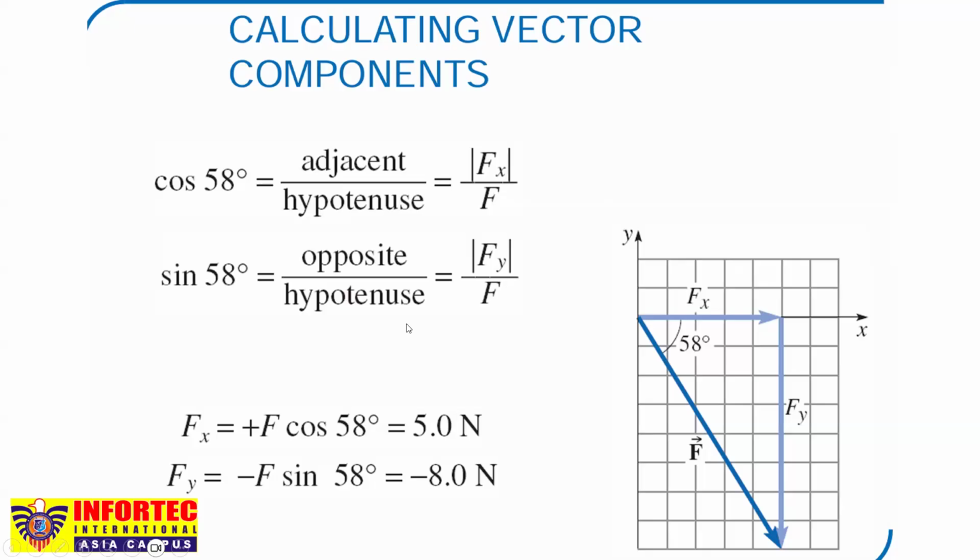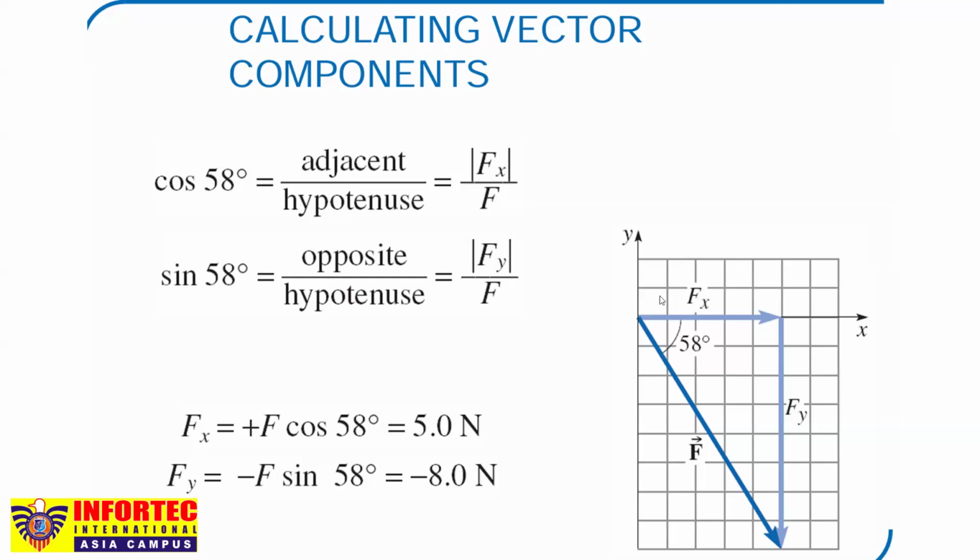But here you can see a minus sign. Why the minus sign? Normally in the coordinate system, up is considered the positive y direction, and the right-hand side is the positive x direction.